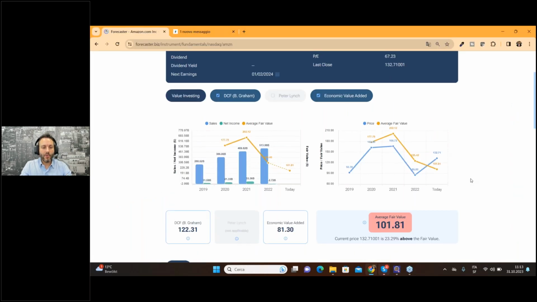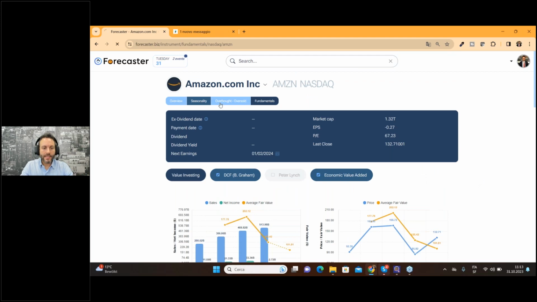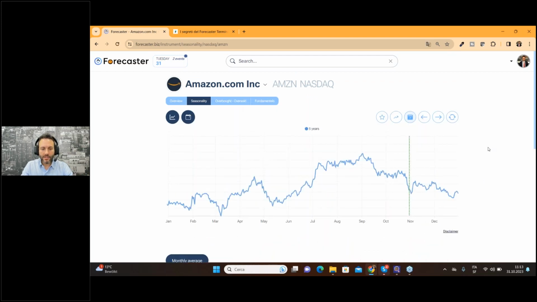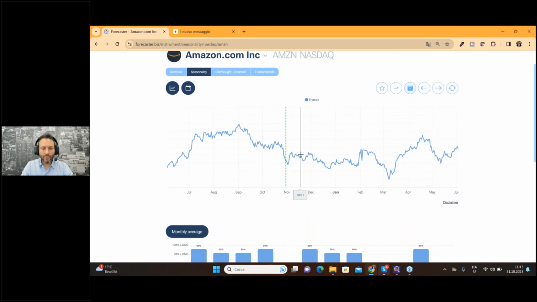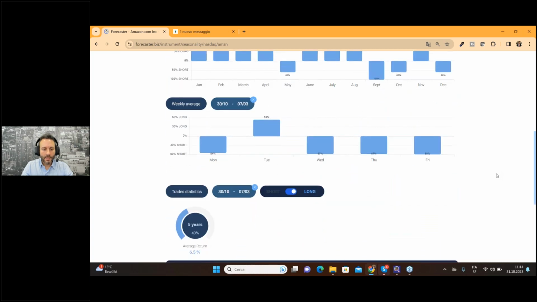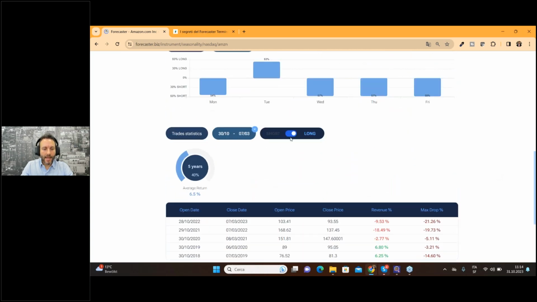Okay, if we go again to look at the seasonality, we said that in the period precisely from September, but we can also do it from the current date, we can expect in the case of a short operation an average return of plus 10%.